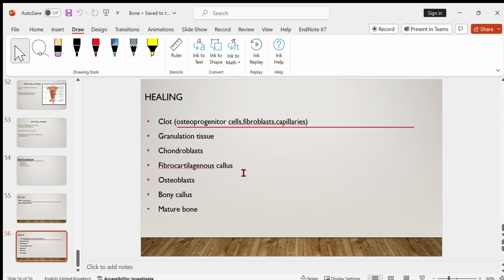Then the osteoprogenitor cells give rise to osteoblasts and osteoclasts. The osteoclasts resorb the cartilaginous structure, and the osteoblasts form the bone. It replaces the cartilage and forms the bony callus. And eventually, the mature bone is formed.